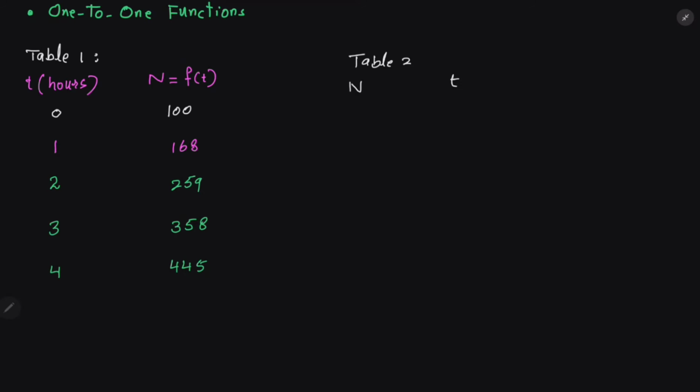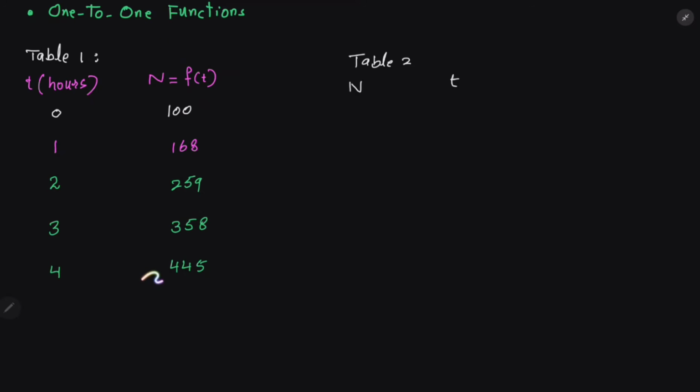When you give this table to someone, he or she can identify that when time was 0, there was 100 bacteria. When the time was 3 hours, then there were 358 bacteria.